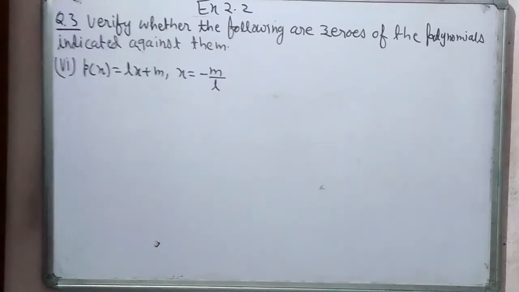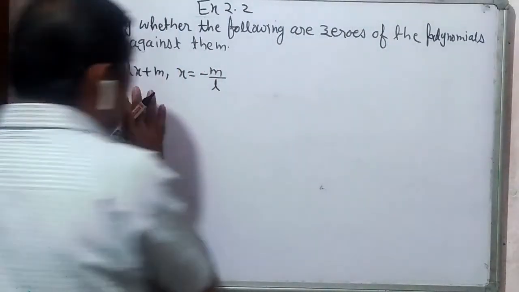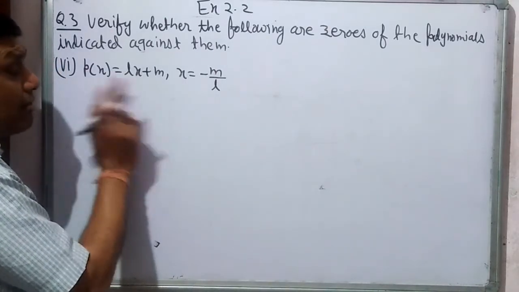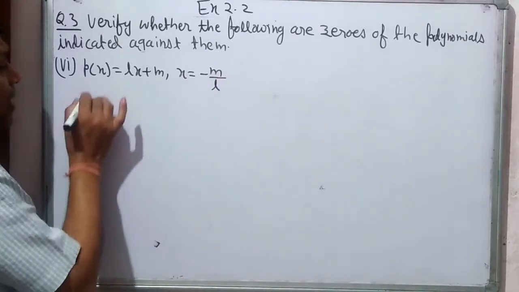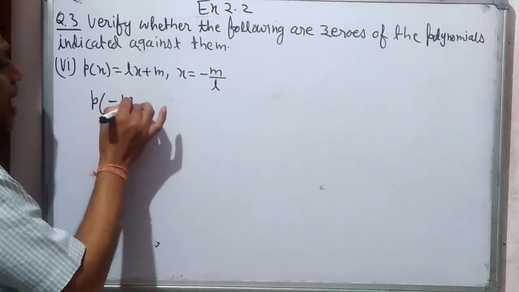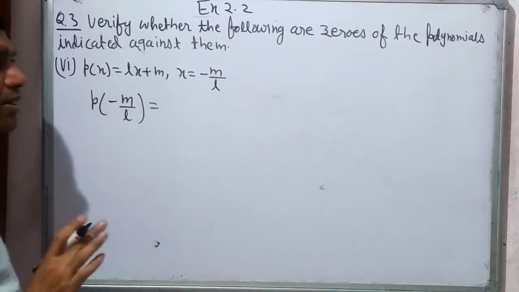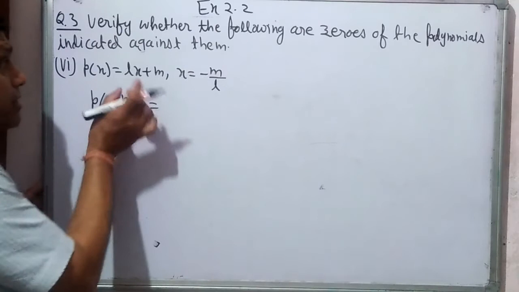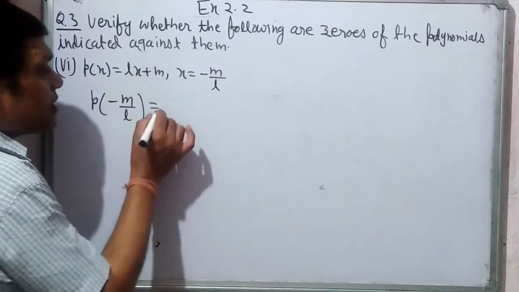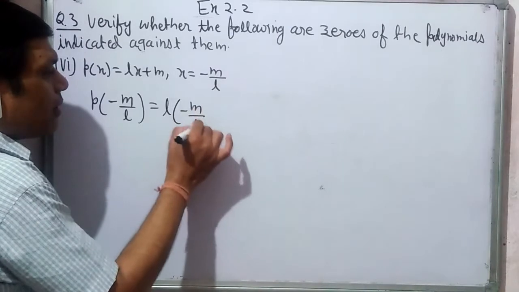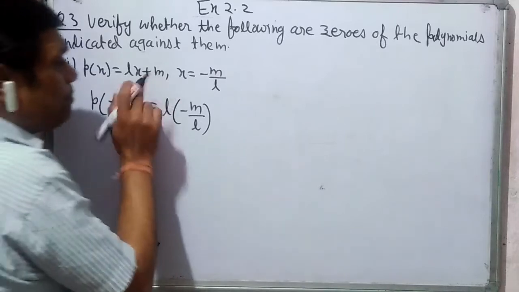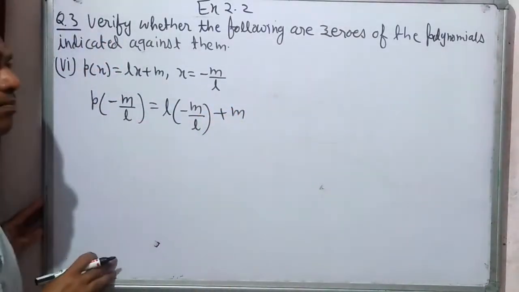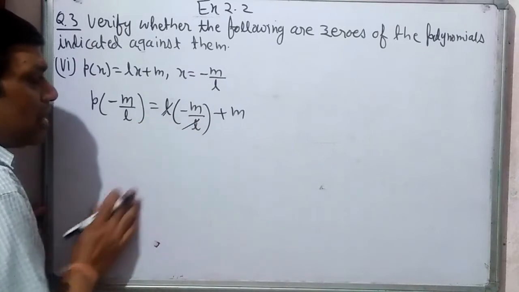In the sixth part, we are given the polynomial as lx plus m. And we are given the value of x also in terms of m and n. What we have to find is the polynomial's value at minus m upon n. In this case, we'll put x as minus m by n. In place of x, minus m by n plus m. Now, can we cancel this n?